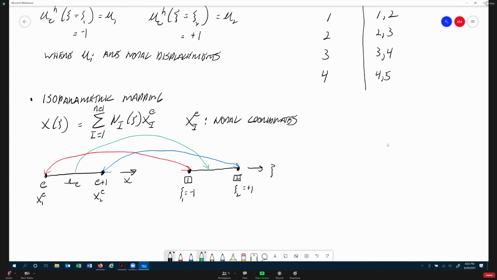So we're mapping 2 things, elements and nodes, from an x coordinate system to a ξ coordinate system.